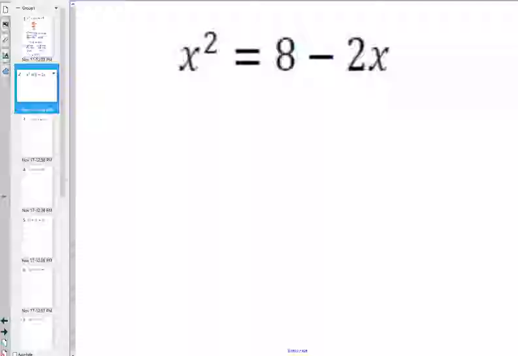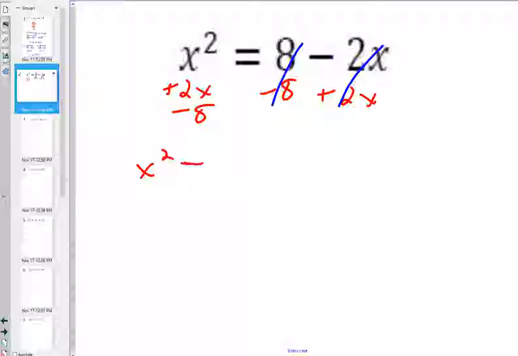If ever you have a choice, use quadratic formula. Going forward, that's what we're gonna use more often. So I'm gonna start off by doing plus 2x and minus 8, plus 2x and minus 8. And now move everything over on one side.